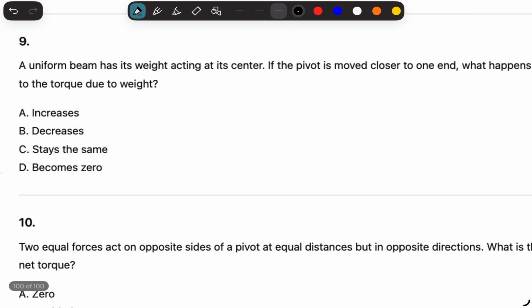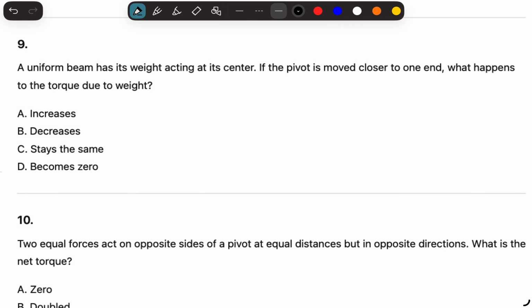A uniform beam has a weight acting at its center. If the pivot is moved closer to one end, what happens to the torque due to the weight? Well, if you have a beam and your pivot is closer to one end, like your pivot is here, your torque is equal to F R because your force is already perpendicular, so you don't need the sine theta.